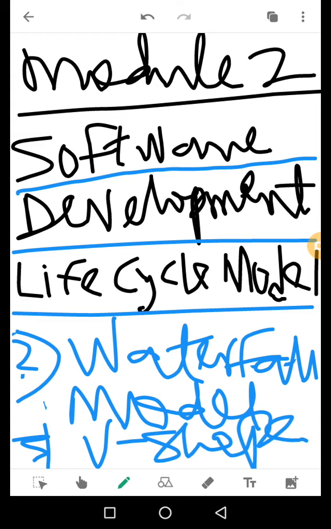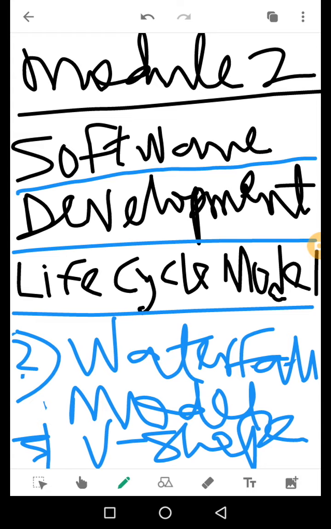Okay. So let's continue now. The testing procedures are developed early in the life cycle before any coding is done at all.